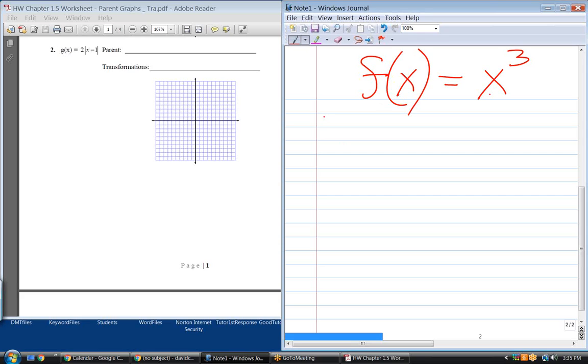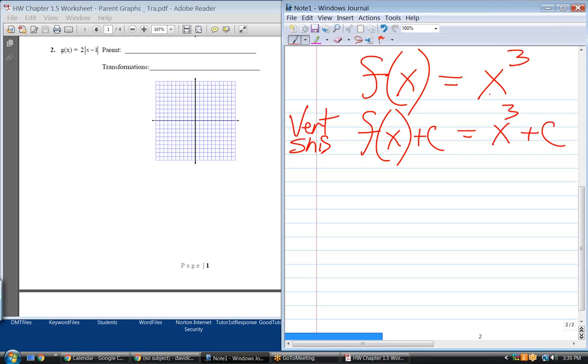So if I want to add some number to f of x, like that, that gives me that. That is a vertical shift. If c is positive, it's up. If c is negative, it's down.